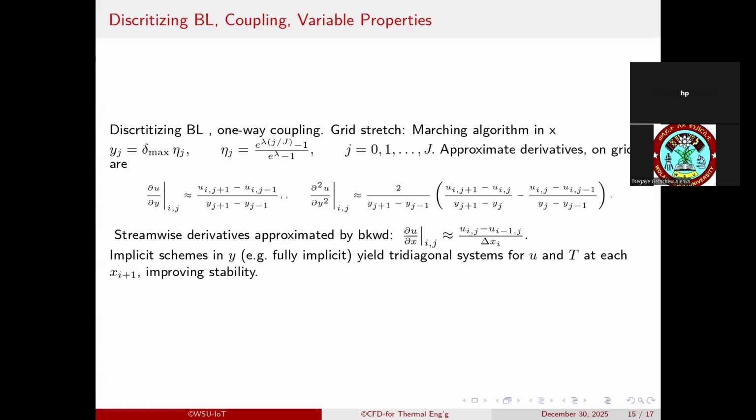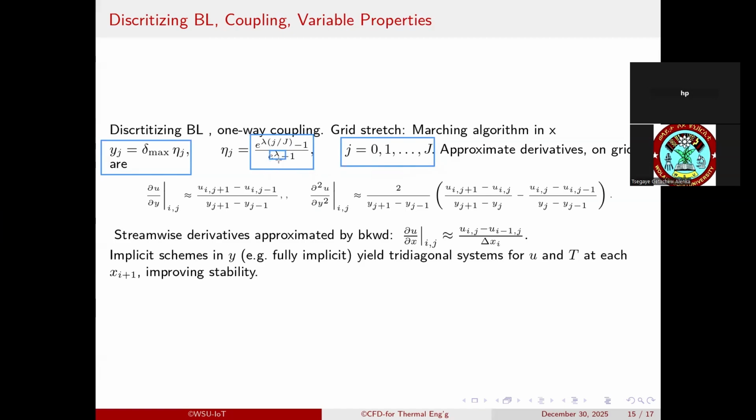The non-uniform grid in y, the number of grid points set to J. The Jacobian is used for maintaining local stability.